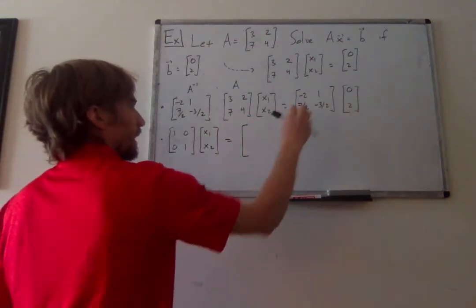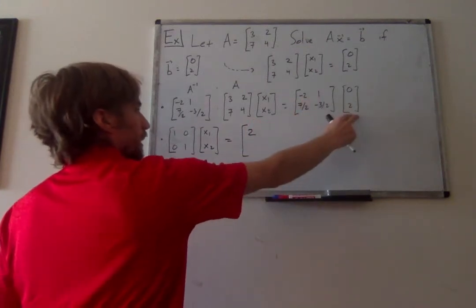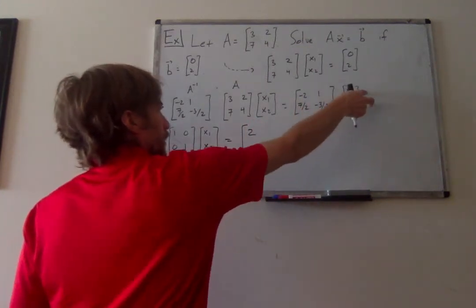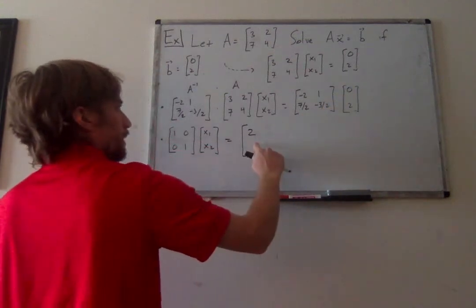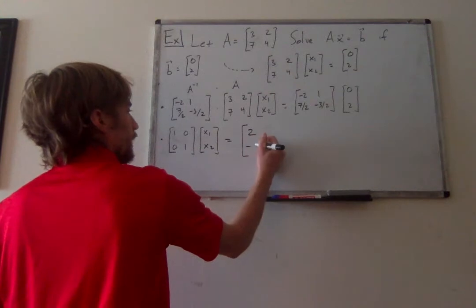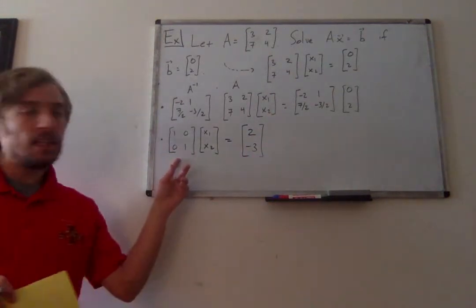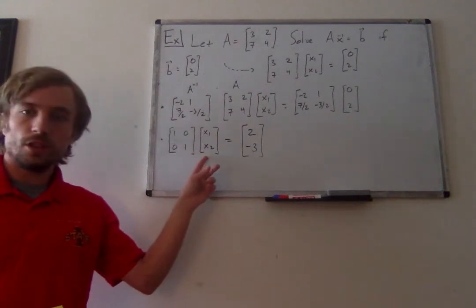Well, I can calculate this vector. So this matrix times this vector here, I get negative 2, 1, matched up with 0, 2 gives me 2. Here, 7 halves matched up with negative 3 halves gives me negative 3. But notice the identity matrix times any vector is just the vector.